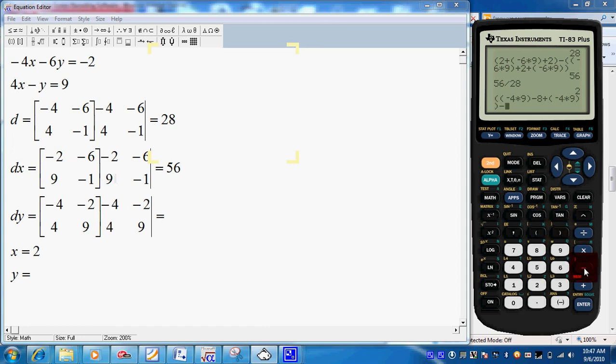So put it in parentheses, negative 8, plus, and begin parentheses, negative 4 times 9, which I don't know what it is.